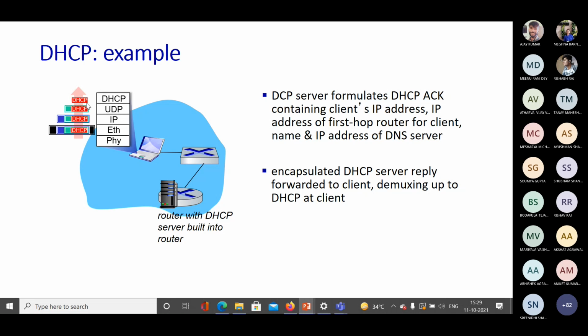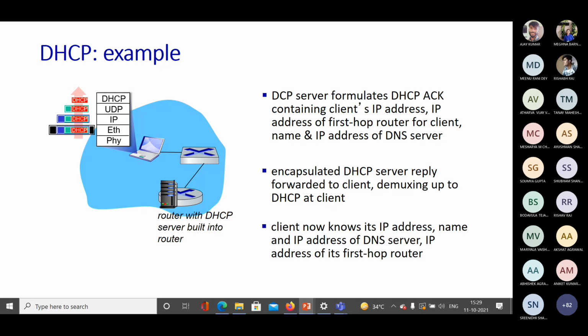That means it will receive the ACK packet, which is a reply from the server side. Once it receives this message, the client or host will know its IP address, the name and IP address of the DNS server, and the IP address of its first hop router.